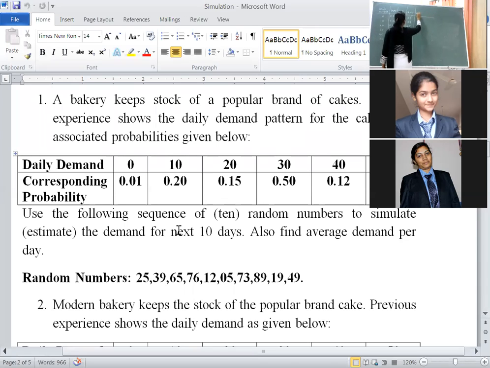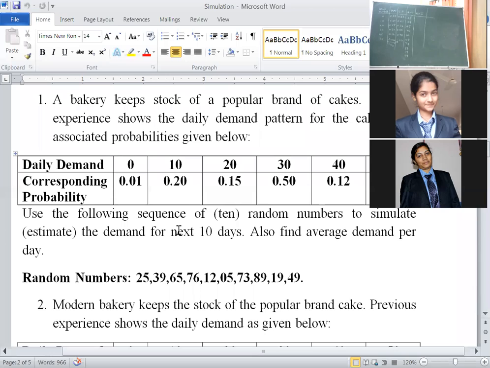Then we have to write down the random number interval. We have to find the random number interval. For example, listen carefully. Random numbers are given here in 2 digits.